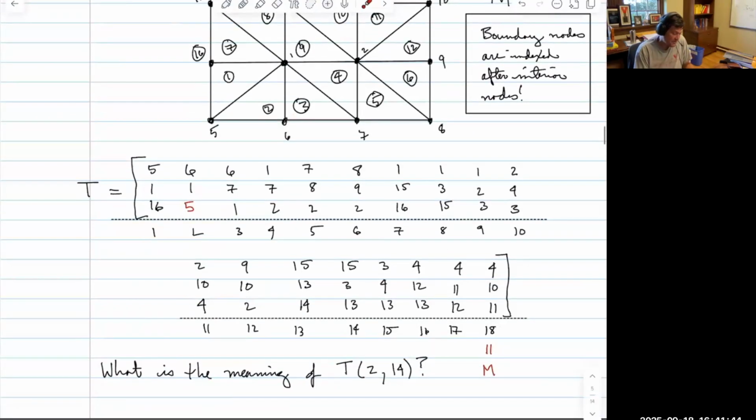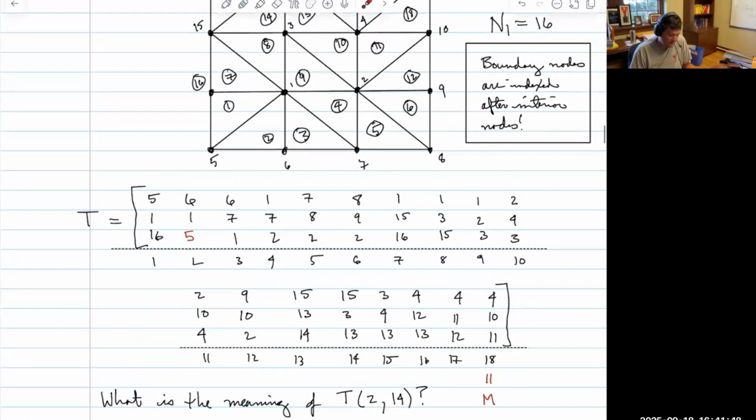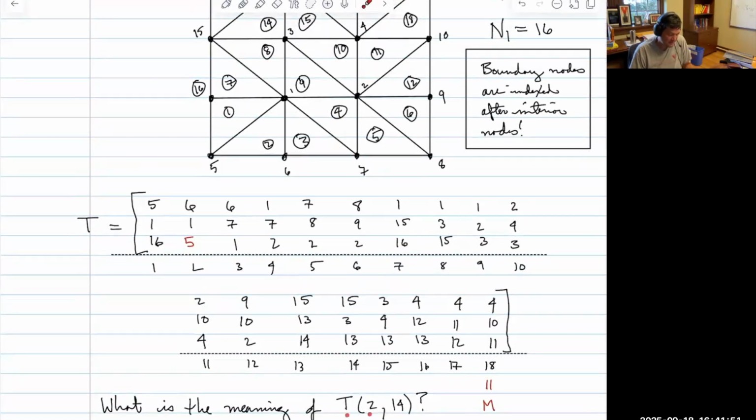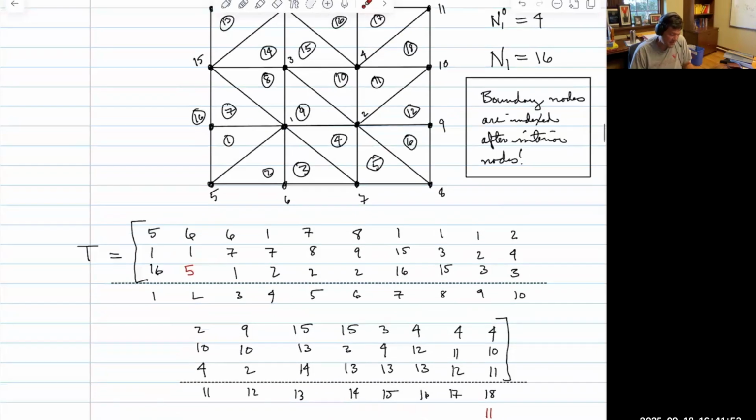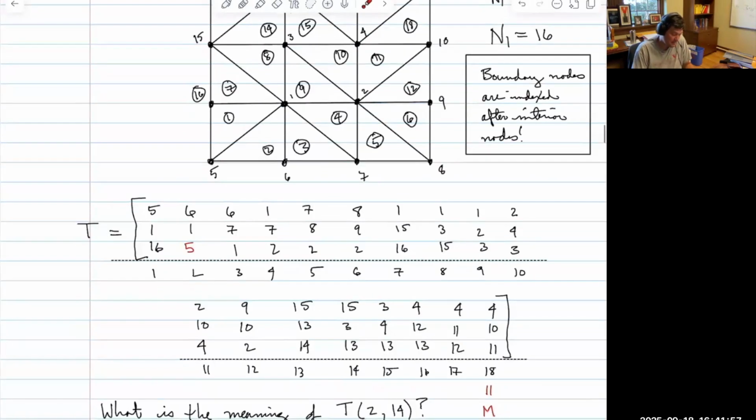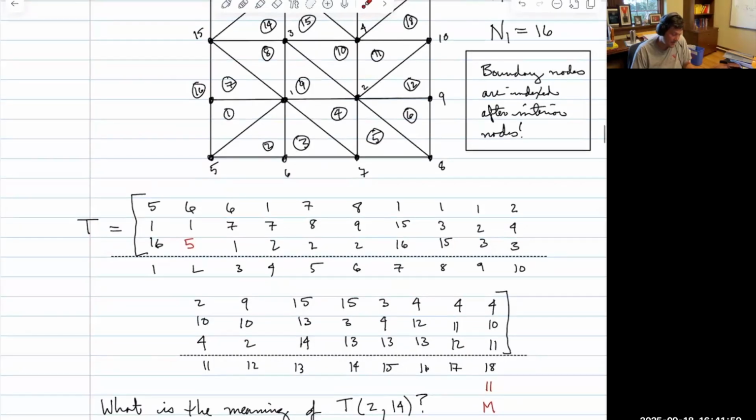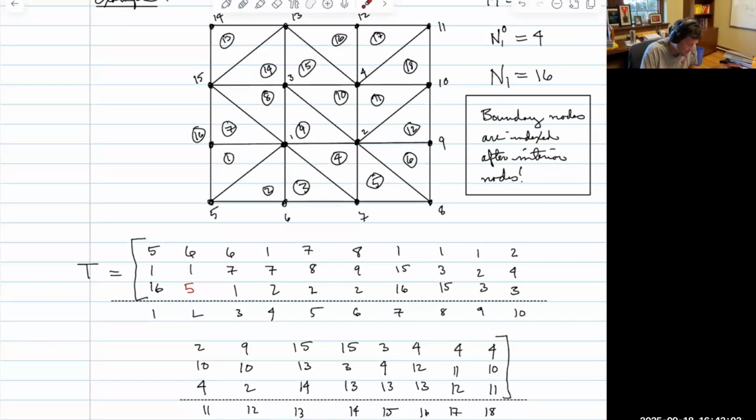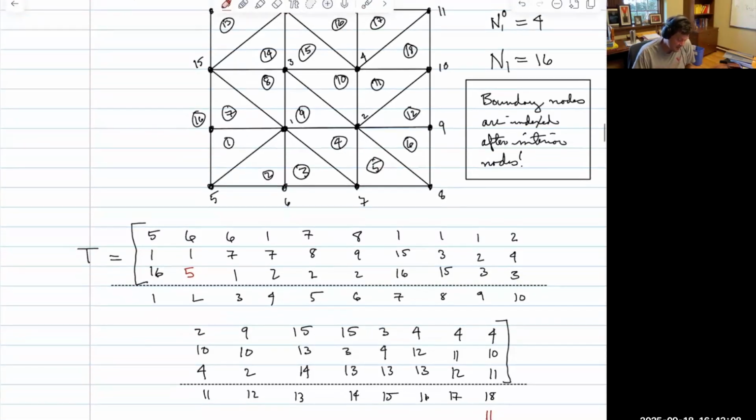And I said, of course, this is our local to global mapping. For example, what's the meaning of T214? That means I take triangle 14, and I'm looking at the second local degree of freedom in there. I don't know how this one's numbered, but I think we can infer that pretty simply. The way I did it was the first degree of freedom for triangle 14 is going to be 15.